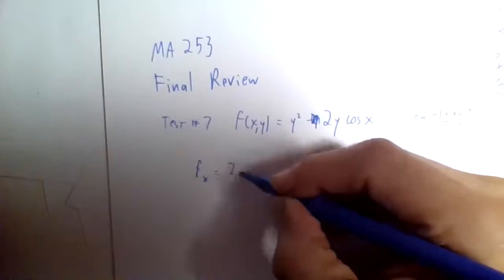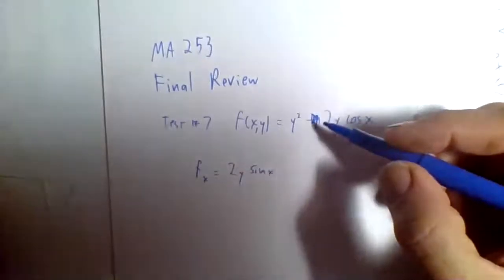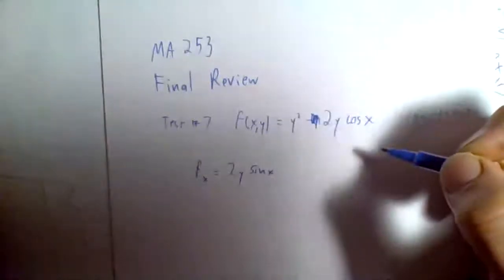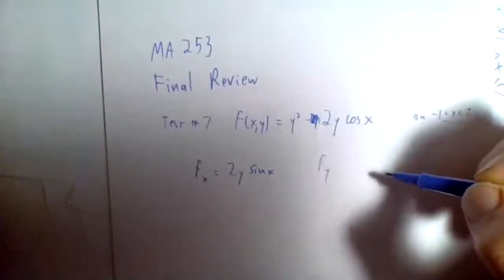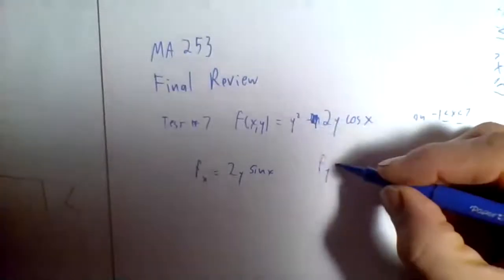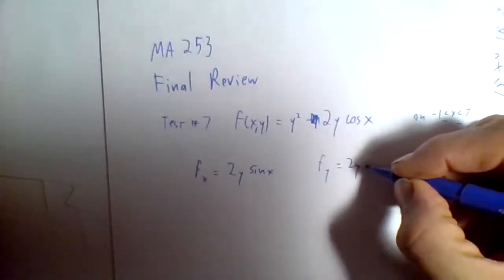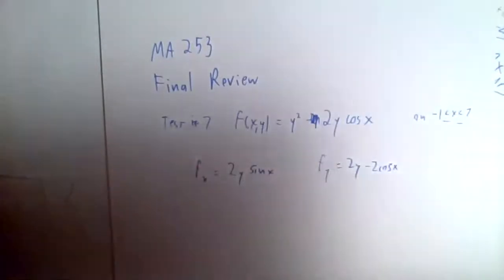Partial derivative with respect to x is 2y sine x. There's no x's in that term, so it would just come from your derivative of cosine being negative sine. If x is the only variable, and then if y is the only variable, you do have functions on both terms. That's 2y minus 2 cosine x. So those are the first partial derivatives for that one, which is what we need to find critical points.